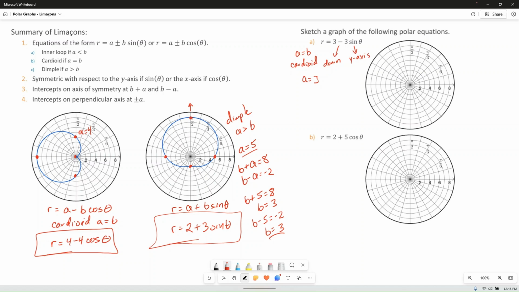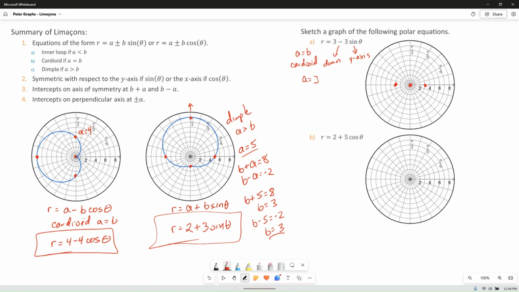And the a value tells me where it's going to hit the perpendicular axis, which would be the x-axis. So it's going to hit the graph twice on both sides of the x-axis, where the x-axis has a value of 3. It's also going to touch the origin, because that's what cardioids look like.